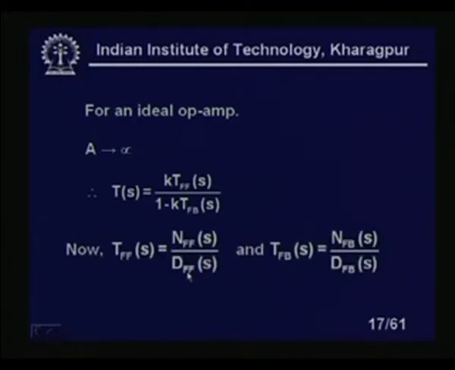Now, TFF(s) we can write as NFF(s) upon DFF(s), that means numerator NFF(s) and denominator DFF(s), and feedback transfer function TFB(s) can be written as NFB(s) upon DFB(s), right. Now, we will find that these 2 are same, that means denominator of the feedback transfer function DFB(s) and denominator of the feed forward transfer function DFF(s) are same. Why?